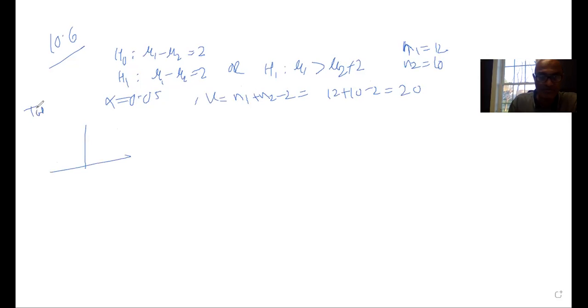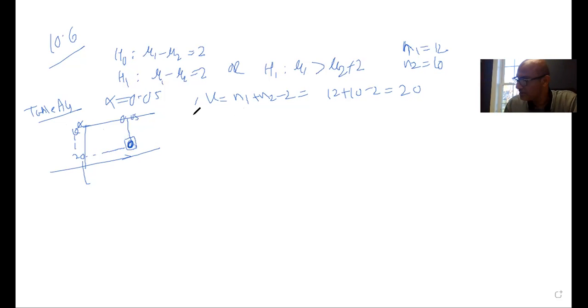So just use table A4, and table A4 looks something like this. Here is your alpha value and here you have the V value. So V is equal to 20, just go along the same line to alpha value 0.05, and whatever value you get over here, that value is the critical value, right?